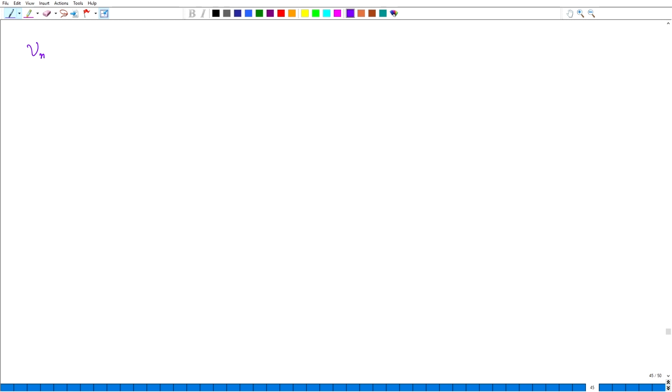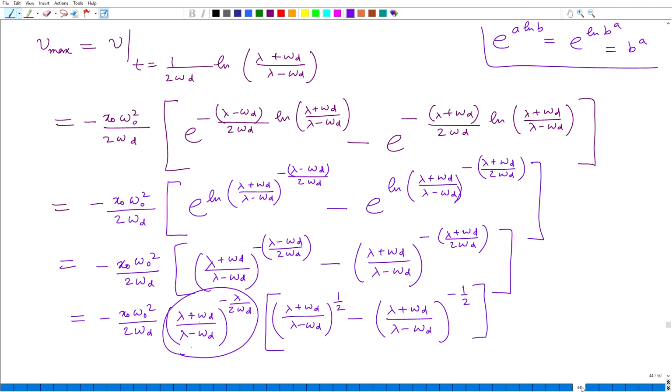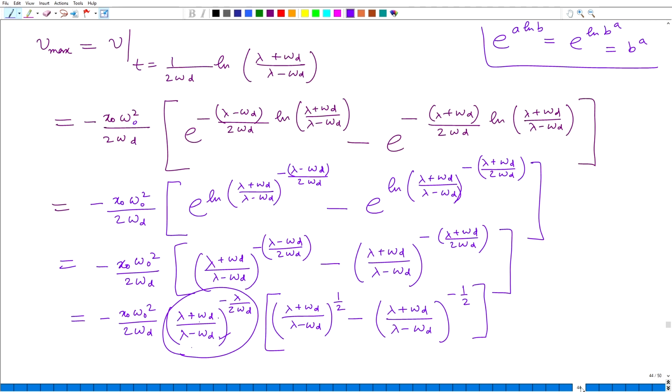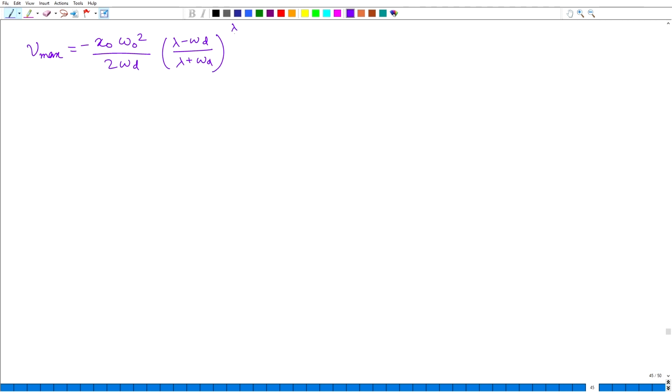So, V max will be equal to x 0 minus x 0 omega 0 square by 2 omega d, then the first factor is this one, where I take this minus off, so that the numerator will go to the denominator and vice versa. So, lambda minus omega d by lambda plus omega d whole to the lambda by 2 omega d.